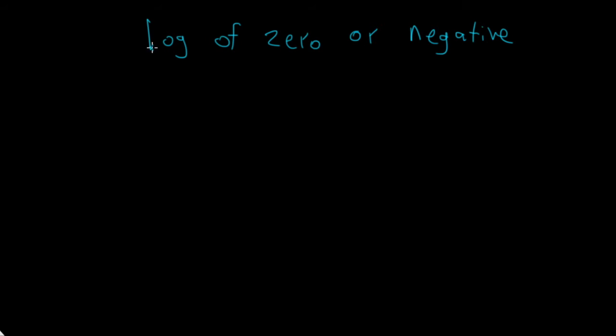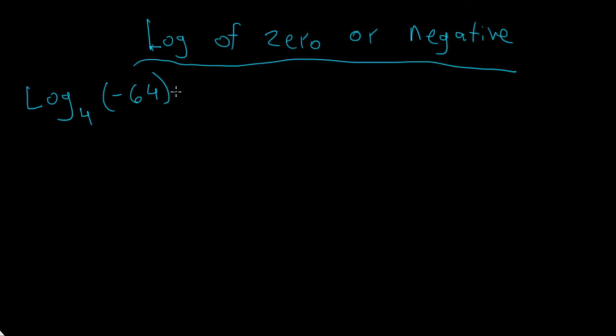Anytime we have the log of 0 or a negative number, basically it's pretty easy, but essentially we're not going to get an answer. It's going to be impossible. So if we have log base 4 of negative 64 is equal to x, we'll bring this over to be our exponent, and this will come over here. So our setup will become 4 to the x power is equal to negative 64.